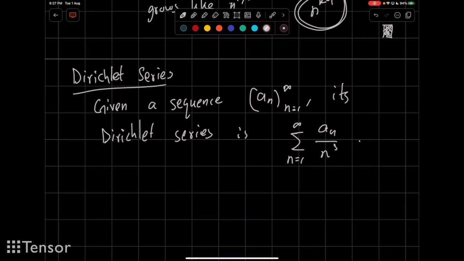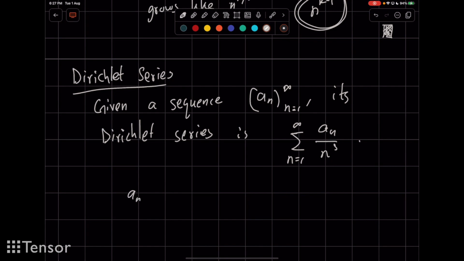Obviously this series does not converge for all values of s. It may or may not converge. Can someone tell me an example of a Dirichlet series? Exactly. That's the most natural, prototypical example, the Dirichlet series of the constant sequence one.